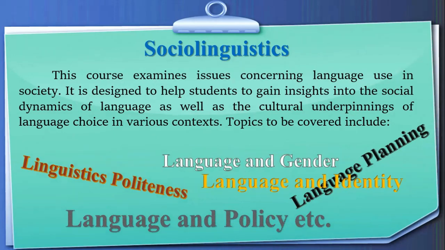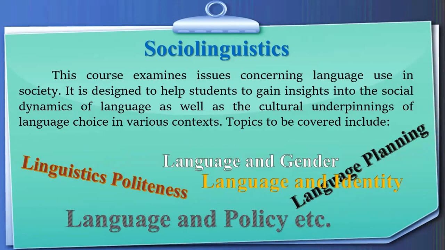We come across various issues concerning language in society. Those issues are highlighted here, like language and gender: languages are understood differently by different genders. We talk about linguistic politeness: some languages have a very soft tone when we use them, while others may have harsher accents.